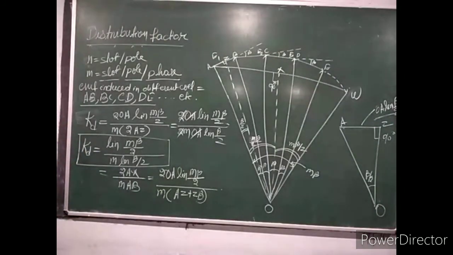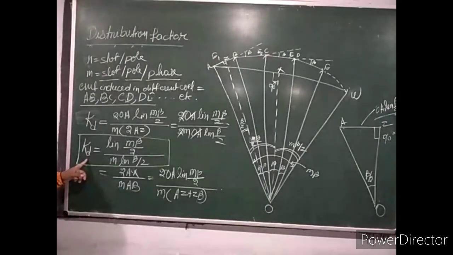And this distribution factor, its value is always less than 1. This value is the fundamental component of EMF induced in different coils of a distributed winding. This is the fundamental value of a distribution factor without considering harmonics.